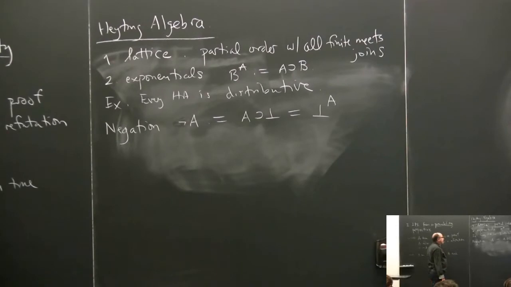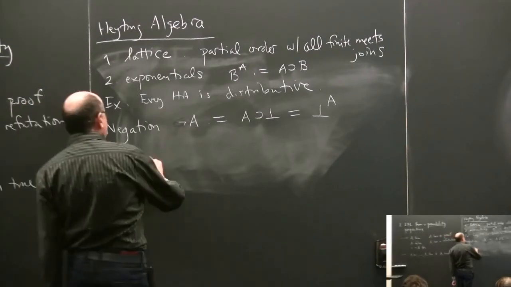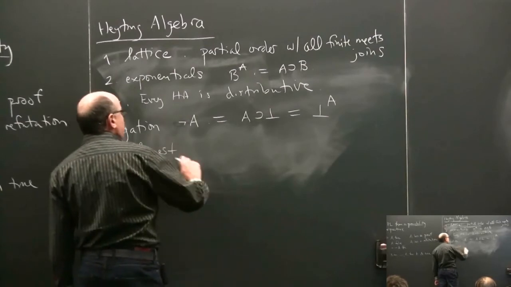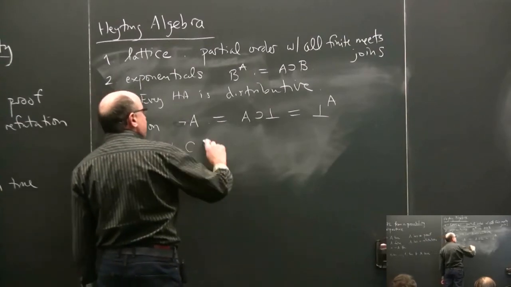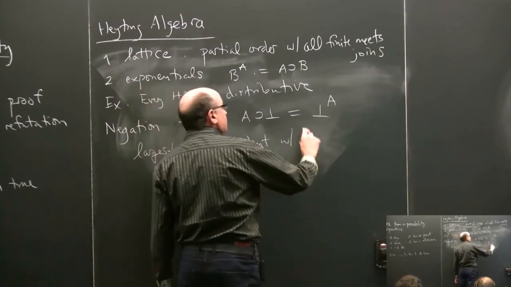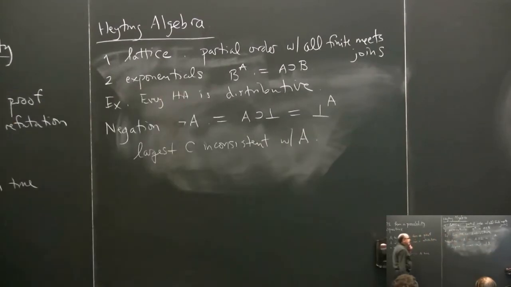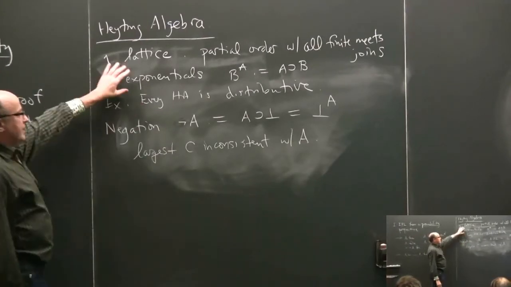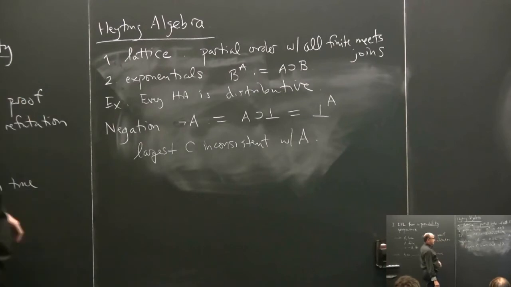This is essentially the largest C that is inconsistent with A, and we gave the rules for that. That follows from the fact that the exponential has a universal property, and I'm just specializing it to the negation.